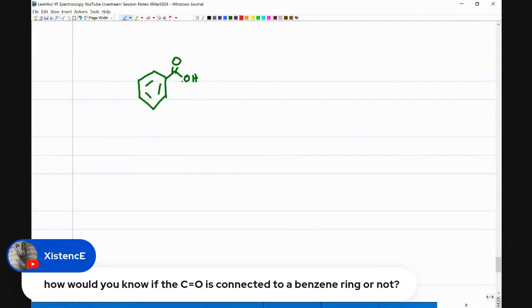Actually, if all you had was this and a formula, meaning if you had IR and a formula, you could figure it out, because if you have nothing else, just a carboxylic acid and a benzene ring, the only way to put it together is to attach them. But if you had something more going on, you would need additional information, like typically you'll see we carried out the following reaction and this is what we got. Or you would see something like, here's the HNMR next to the IR, and now use both of them to solve it.